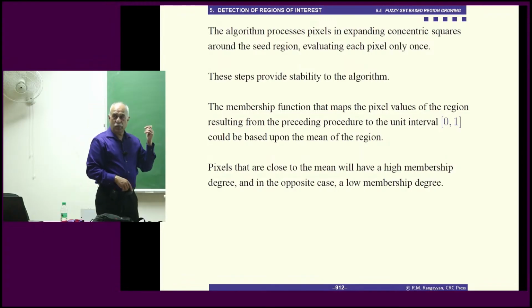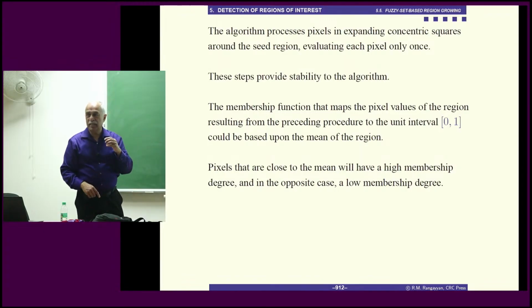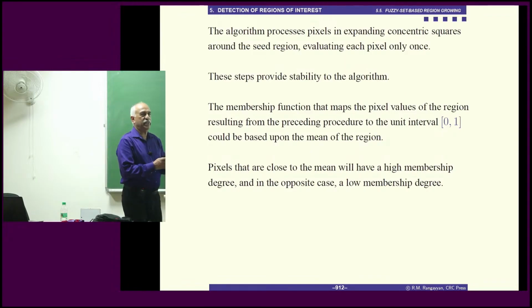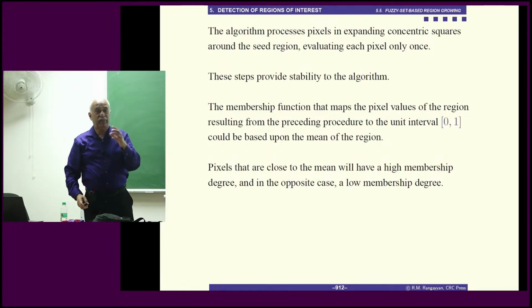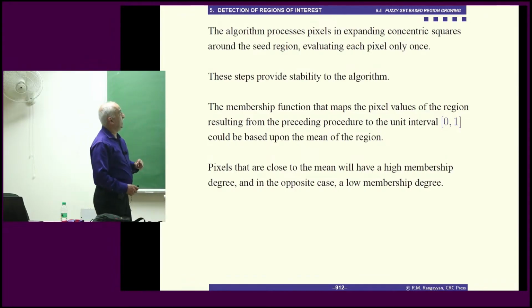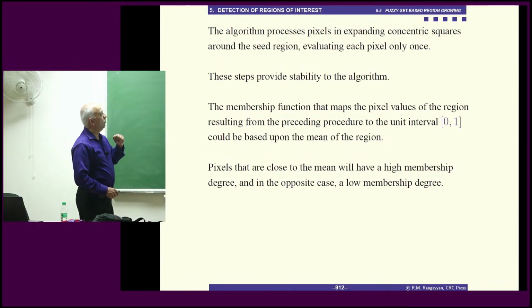So this also provides some stability. The scanning procedure is also a factor to be considered, and some scanning procedures may lead to regions going away in some direction and not in other directions. So you don't want a preferential direction in region growing, and the expansion in concentric squares was found to be appropriate here.